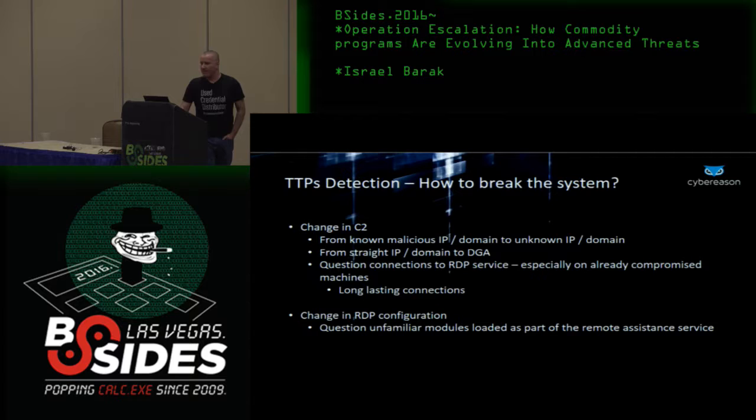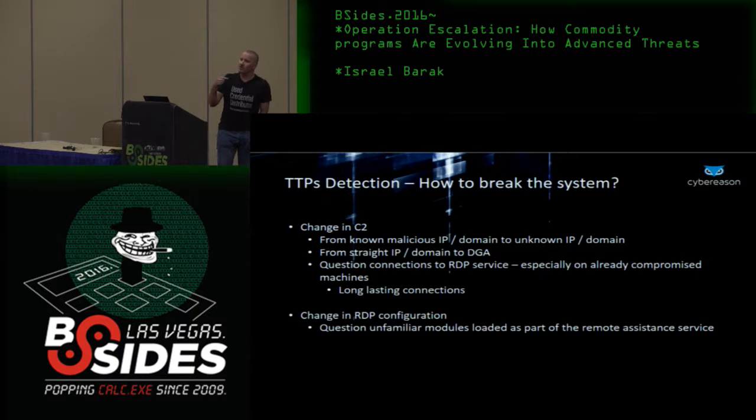So obviously changes in the command and control. Any changes from a known infrastructure to an unknown infrastructure is definitely an indicator. It means that it's worth more to the seller. Converting from straight IP to domain generation.